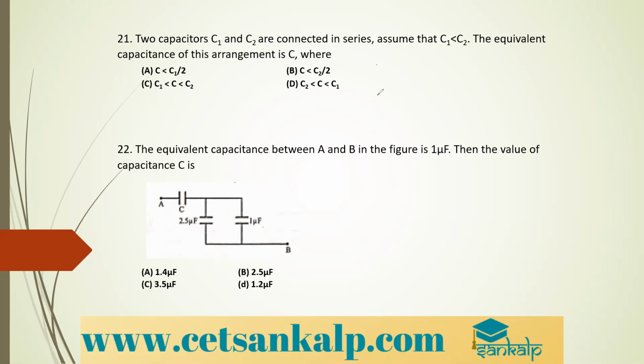What they are giving in the question is that they are connected in series. When they are connected in series, we need to assume that C1 is less than C2. This we need to assume, correct?